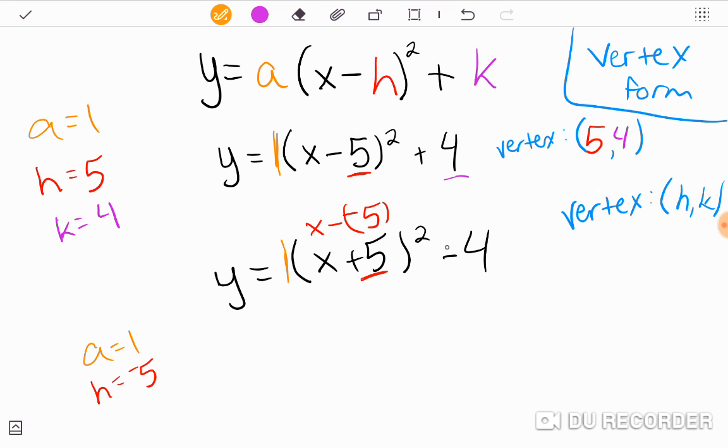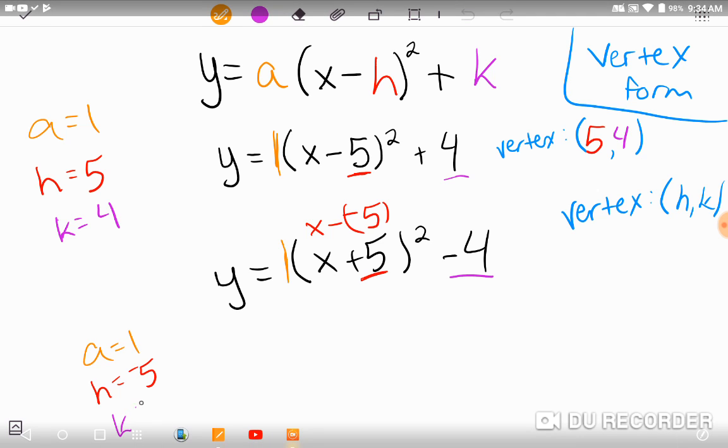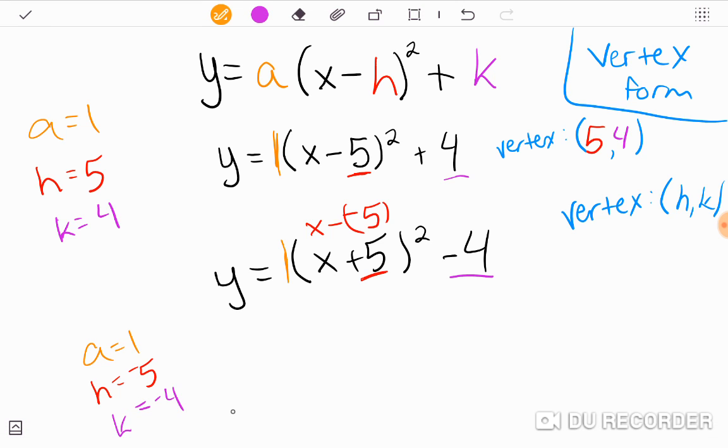And then my k is actually negative 4. The reason for that, if your equation is plus k, this is the same thing as plus a negative 4. Plus a negative is the same thing as just a minus. So these are my values for the a, the h, and the k.